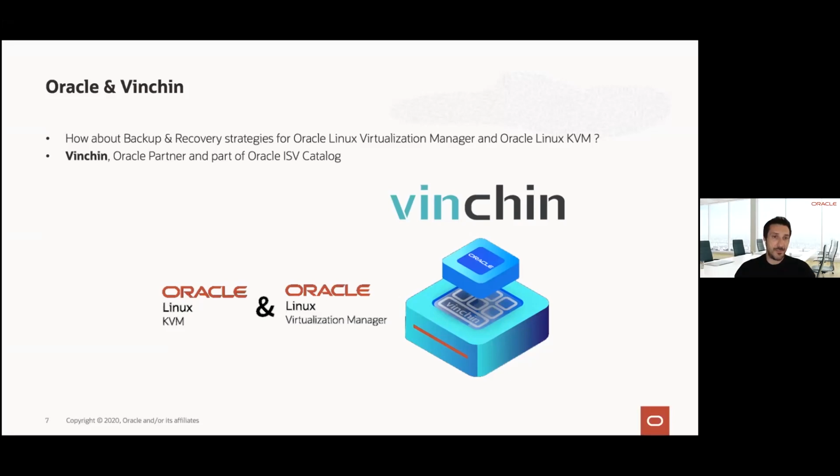Vinchin is an Oracle partner and is also part of our ISV, so independent software vendor, catalog. We decided to work with them, and we are also glad to be here today to present and share with you this joint solution, because Vinchin is a very good solution that can help you to add this kind of important requirement once your private cloud solution is ready to run or is already running production services.